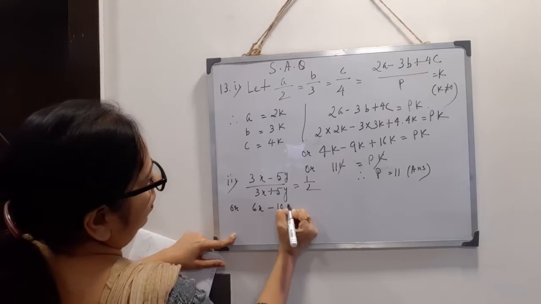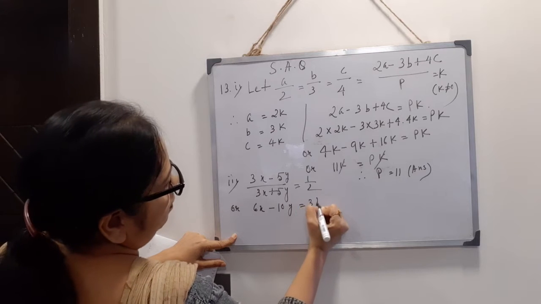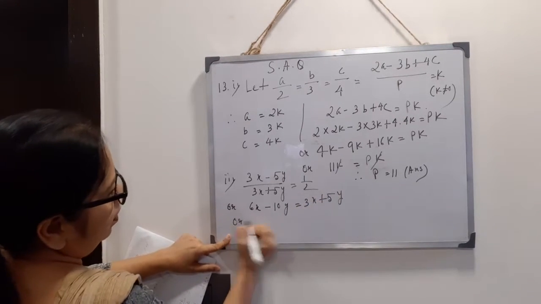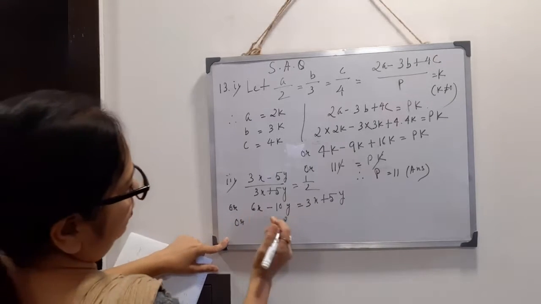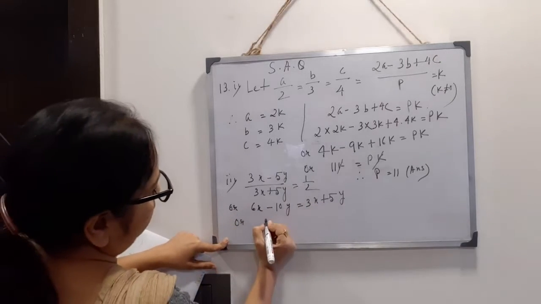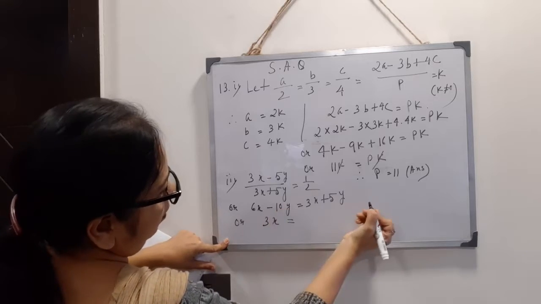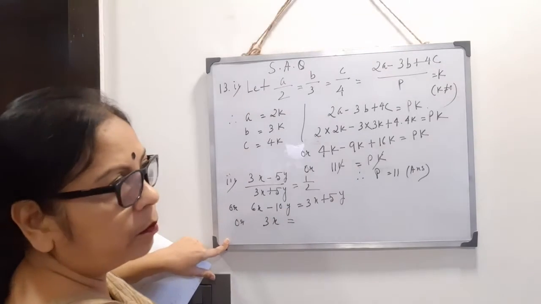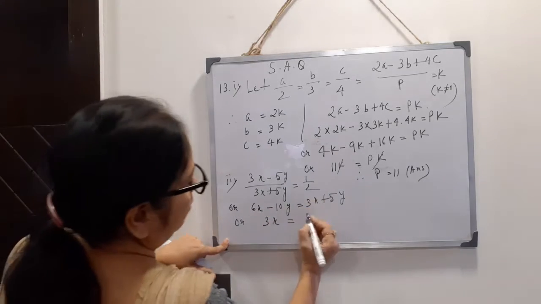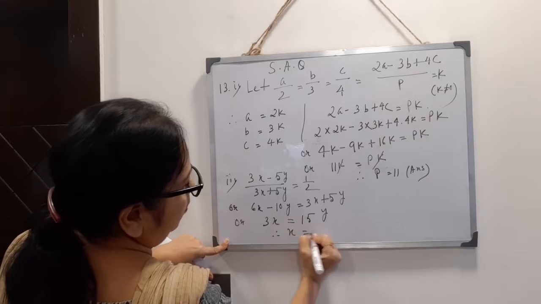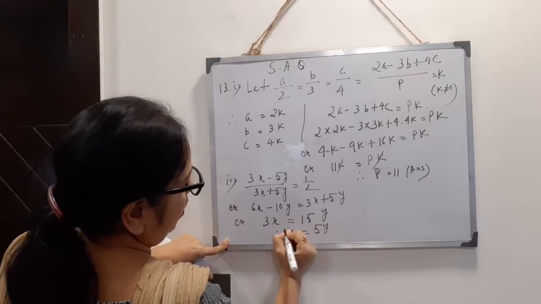minus 10y equals 3x plus 5y. I will take x to this side, so 6x minus 3x means 3x, and it is becoming 10y. If we go that side it will become positive, so 10y plus 5y means 15y, therefore x is coming 5y.